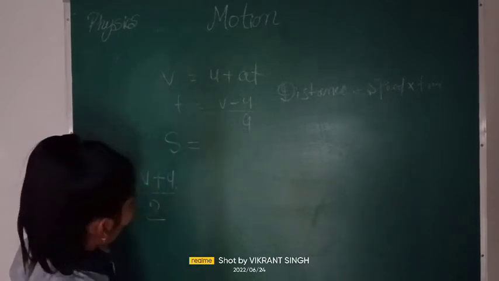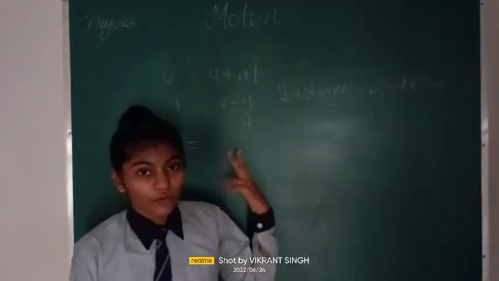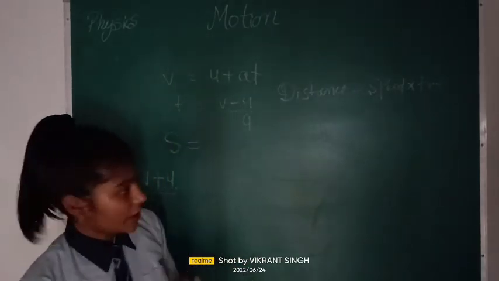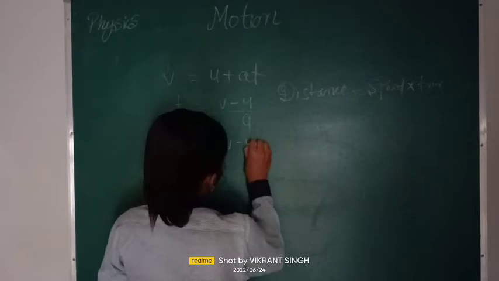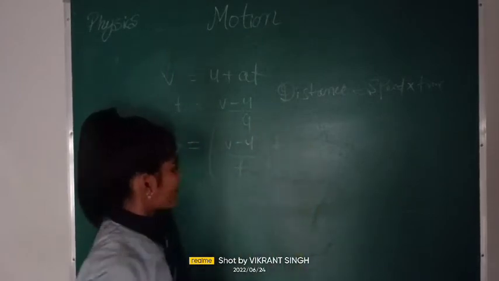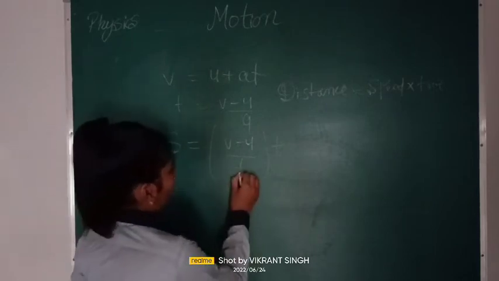That is one more that we will use for the third. Now we know that velocity is equal to v minus u upon t, so we will write v minus u upon t, and time we will write t. This is our second equation.